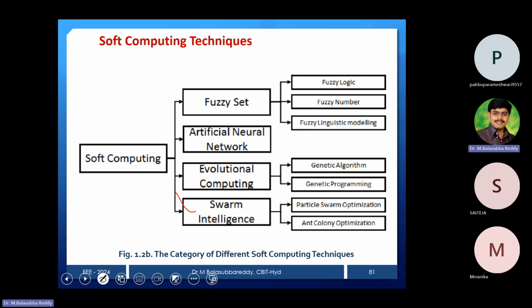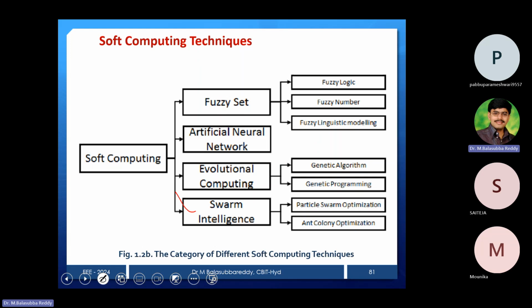Here the swarm may be persons, or may be insects, or animals. Based on that, we are able to generate our logic, from the nature of the bird or the nature of the animal. Like that, we are able to develop the algorithm.